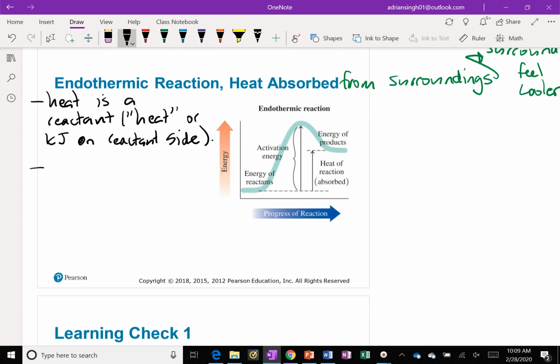Because heat is absorbed, the energy of the products is going to be higher than the energy of the reactants.